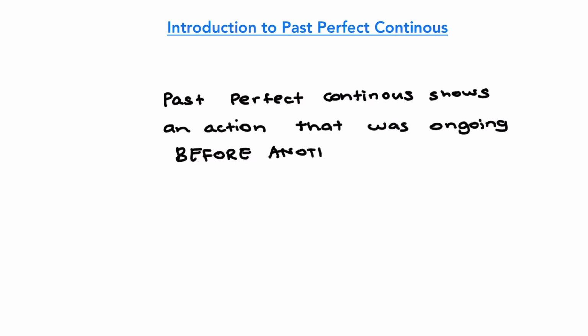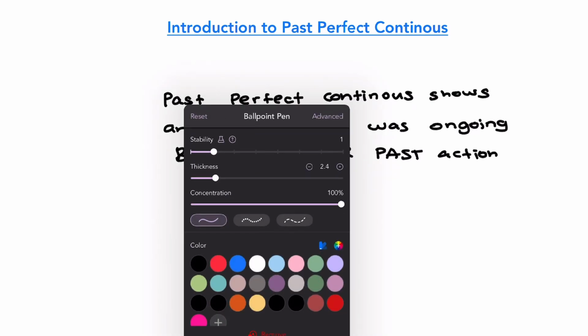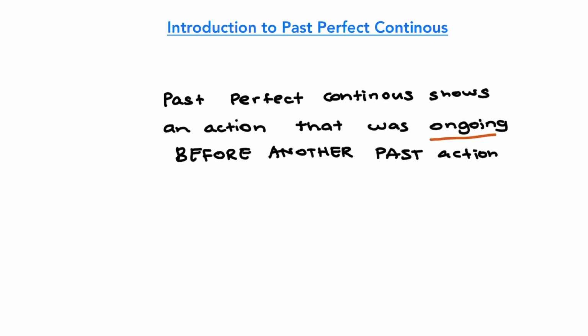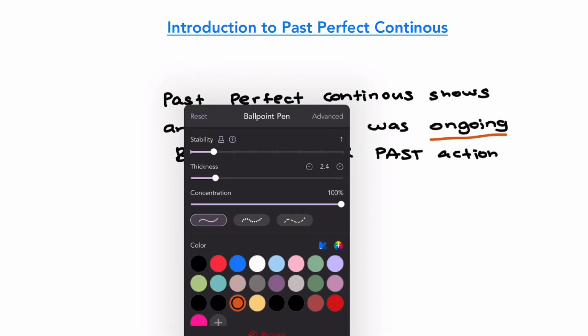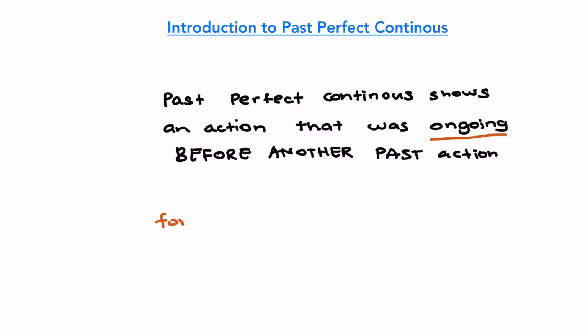Okay, so it shows an action that was ongoing, that's also a keyword, ongoing, before another past action. Okay, so we'll write the form as, remember this is key, had been plus a verb ending with ing. Had been plus verb ending with ing. Remember this, okay?